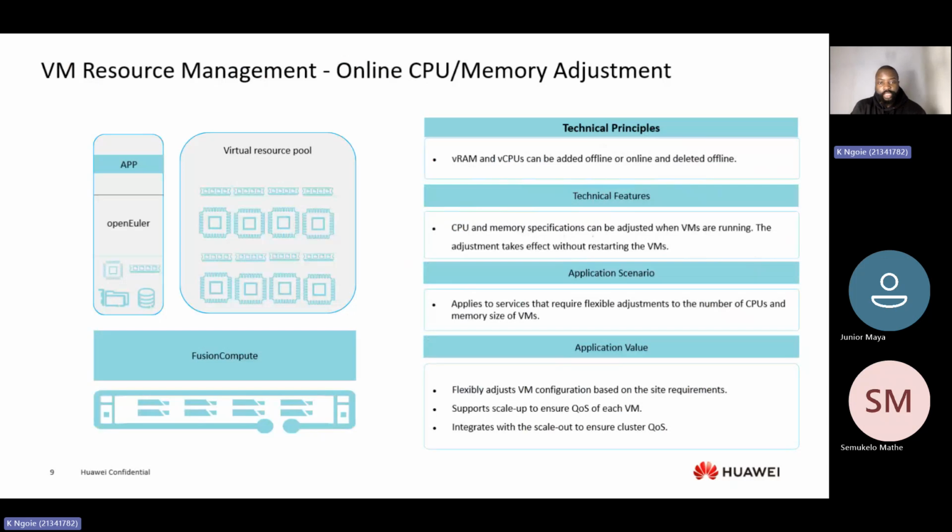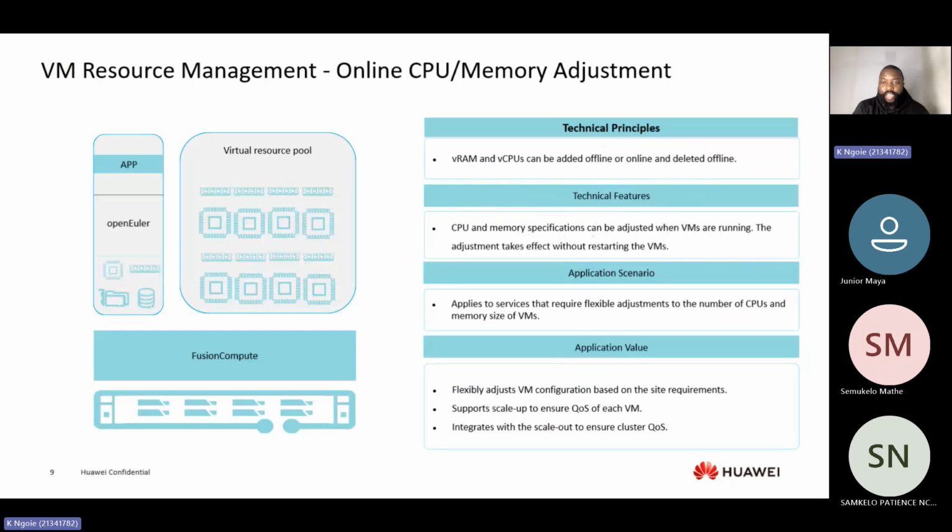CPU changes on running virtual machines can take effect only after the virtual machine is restarted. You need to understand that the adjustment we can do on the virtual machine cannot be done without restarting it. The scenario applies to services that require flexible adjustment to the number of CPUs and memory size of virtual machines, right?